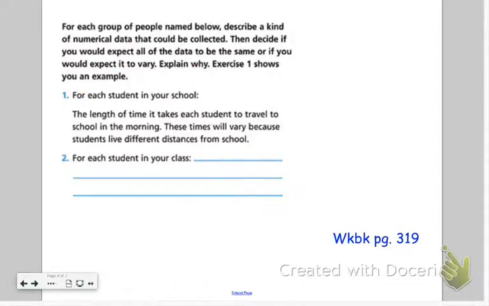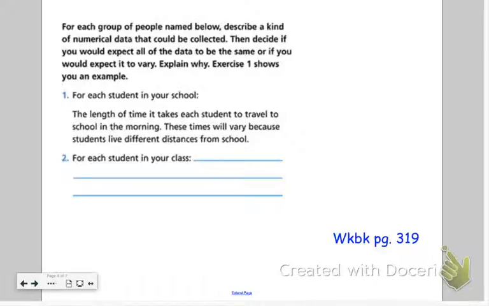So for each group of people named below, you're going to describe a kind of numerical data that could be collected. Then decide if you would expect all of the data to be the same or if you would expect it to vary. Explain why. So when we say all the data to be the same, obviously, we expect most of the numbers to be the same. But if you expect it to vary, that means that you expect it to be different, that not every number is going to be the same. Let's see, for each student in your school, well, here's an example.